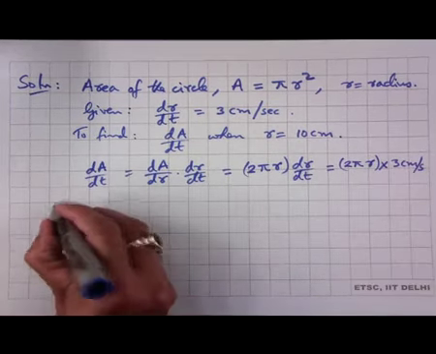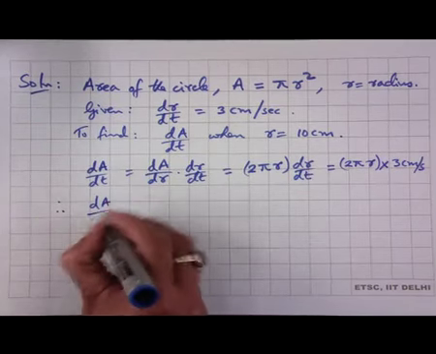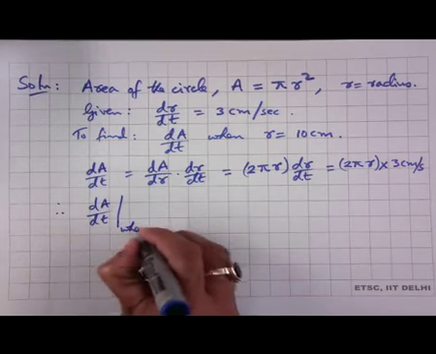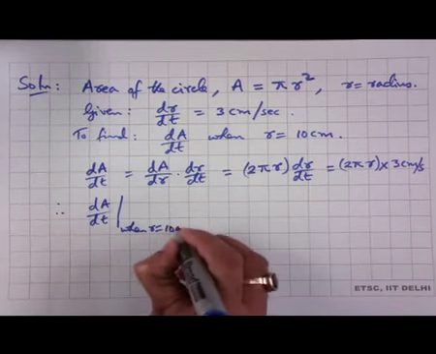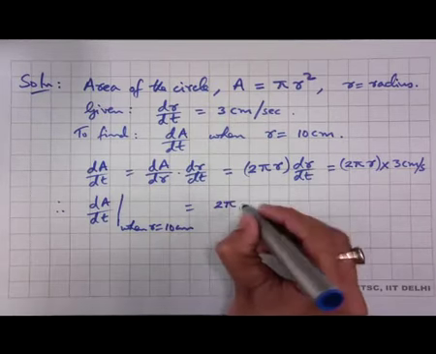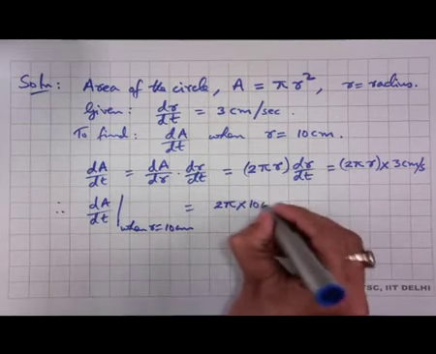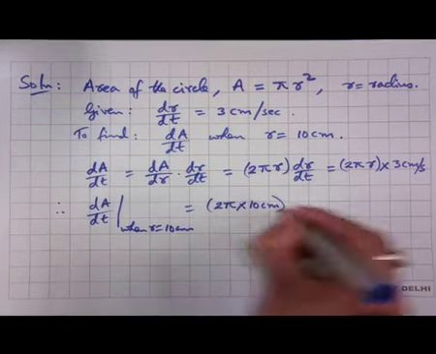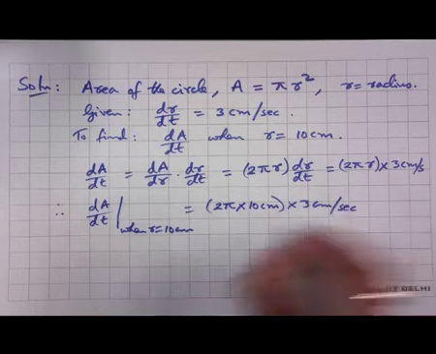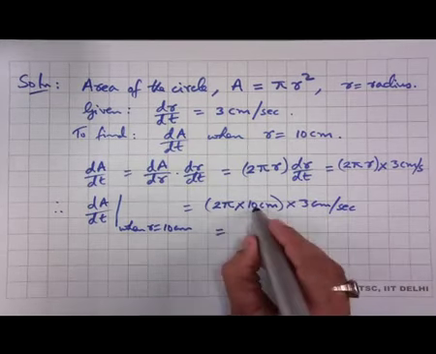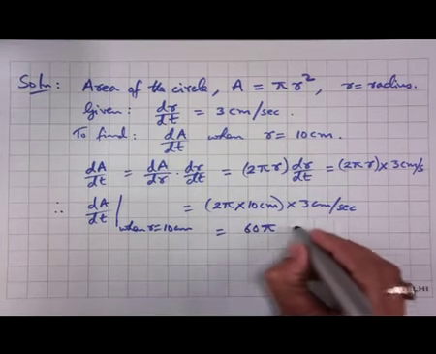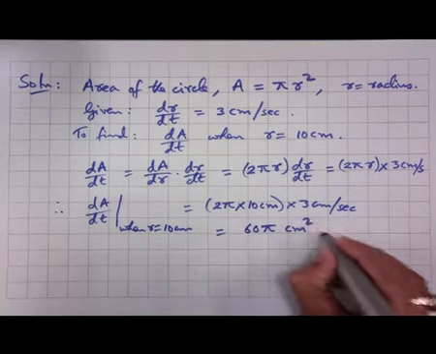So, dA dt when r is 10 centimeter is 2 pi into 10 centimeter times 3 centimeter per second, which gives 2 times 10 times 3, that is 60 pi centimeter squared per second.